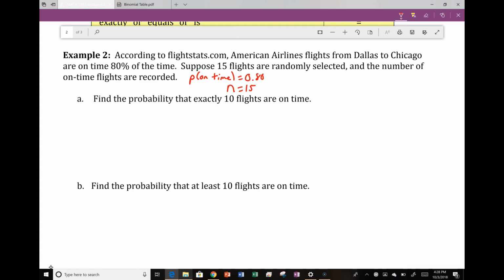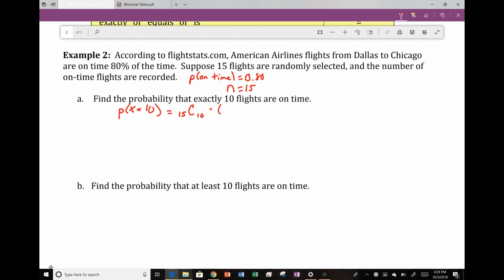We want to find the probability that exactly 10 flights are on time. So we want the probability that x is equal to 10 because we want exactly. This is going to look like we have 15, we're going to choose 10 of them.